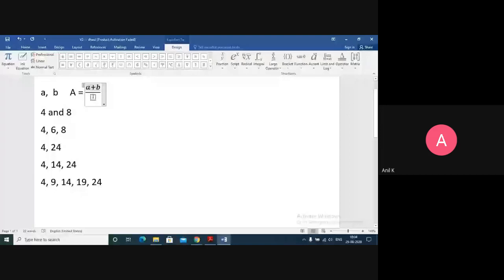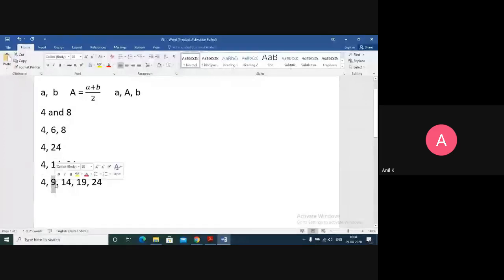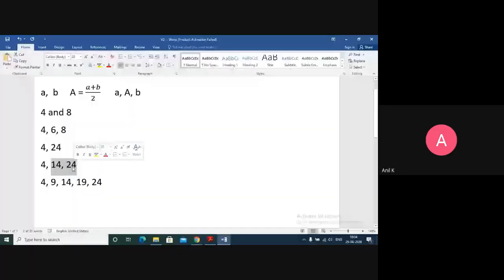So if I take the average of both the numbers, 4 and 24, I get 14. Then I take the average of 14 and 24. 14 plus 24 is 38. 38 upon 2 is 19.